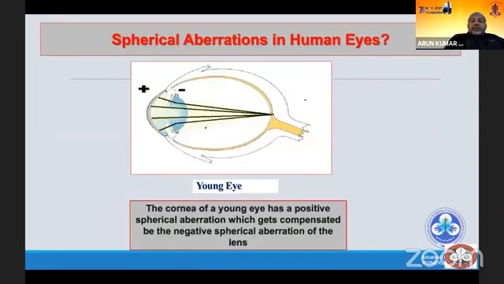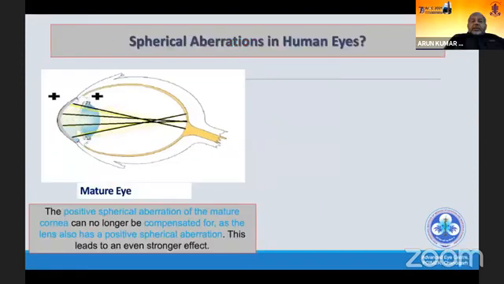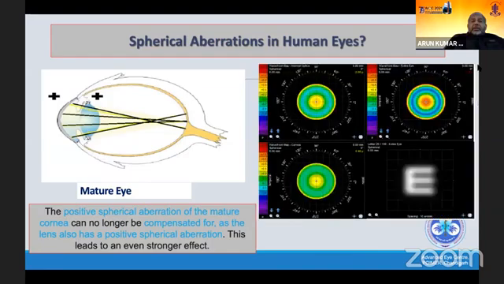In young age, the lens has negative spherical aberration, which partly neutralizes the positive spherical aberration of the cornea. As the age advances, the spherical aberration of the lens becomes positive and it reduces the quality of vision, as we can see.